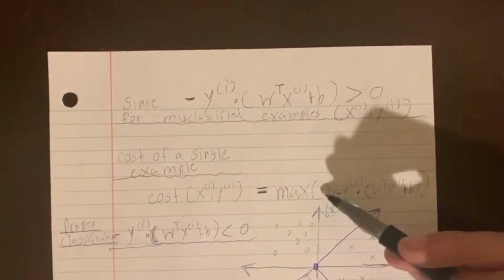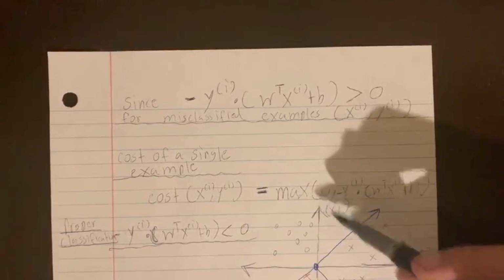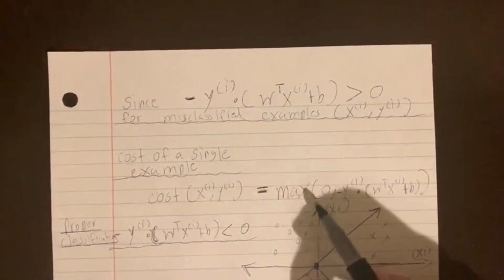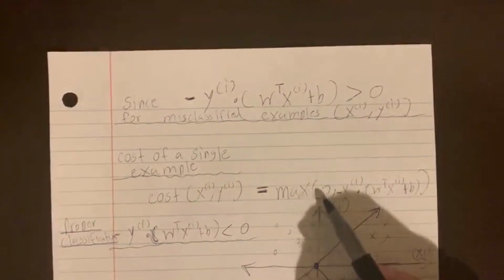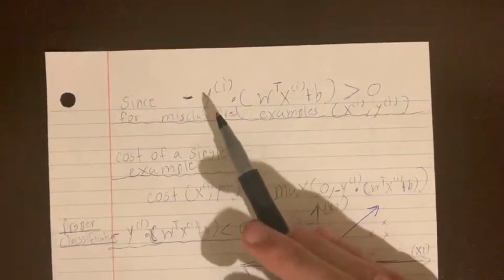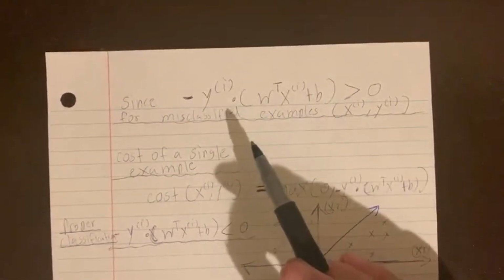The max between a value that's less than 0 and 0 would be 0. So for proper classifications, this function always gives 0. When we properly classify, we get 0 cost, and when we misclassify, we get a cost of negative y of i times w transpose x of i plus b.